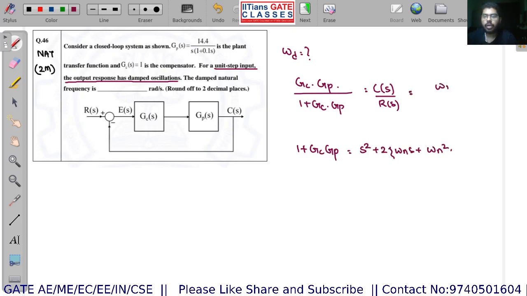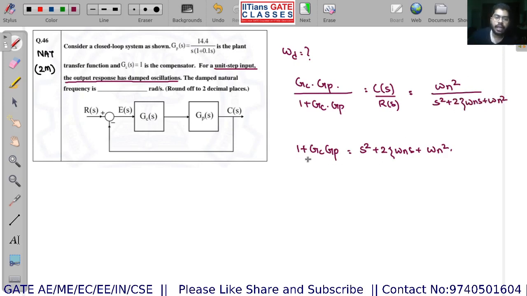So basically what I am trying to say, a second order system has what transfer function for a step response? It is something like this: s square plus 2 zeta omega n s plus omega n square. So this is the transfer function of a second order system. Fine.